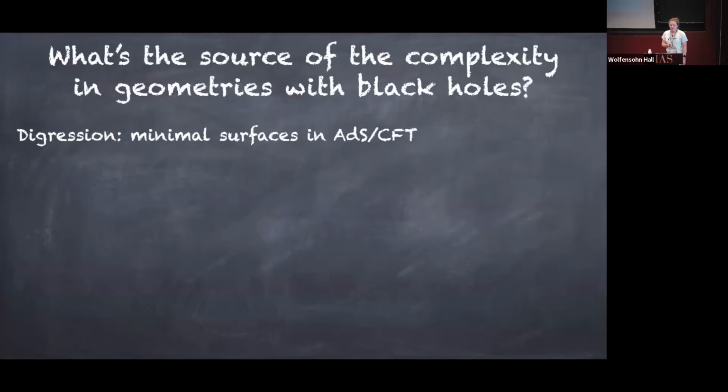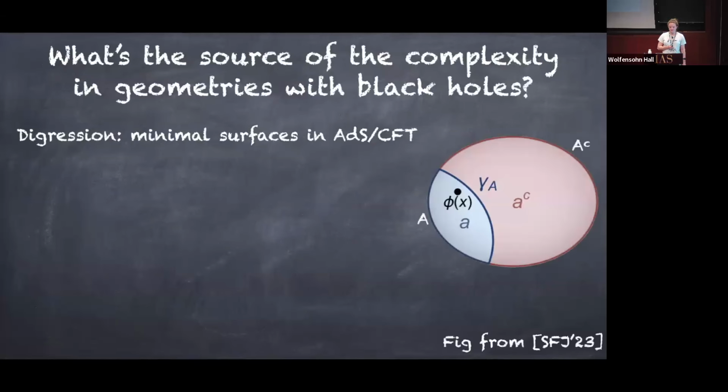Okay, so to explain what the source of the complexity is in geometries with black holes, I'm going to do a short digression for people who aren't particularly familiar with ADS-CFT to discuss minimal surfaces in ADS-CFT. For this slide, you should imagine that the ADS, the bulk gravitational theory, is the inside of the circle, and the boundary theory is the boundary of the circle.